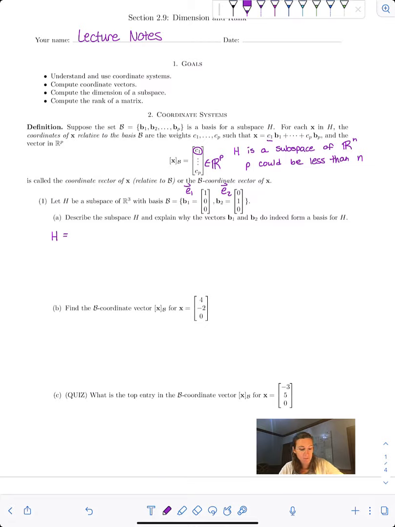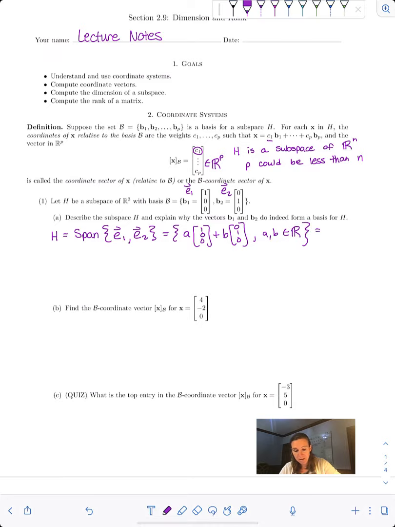The span of these two vectors is everything that looks like something times the first vector plus something times the second vector, where those somethings are real numbers. Multiplying that out, we get vectors where the first two entries are real numbers and the third entry is a 0.